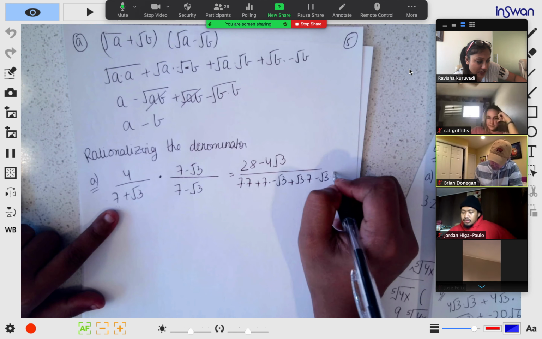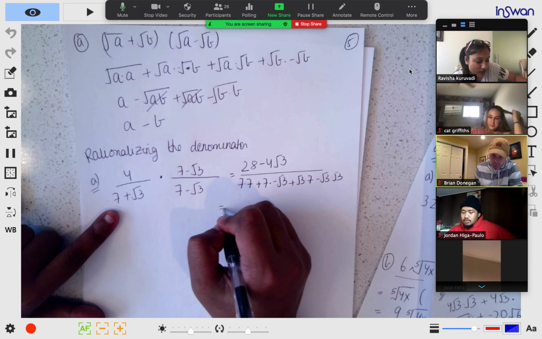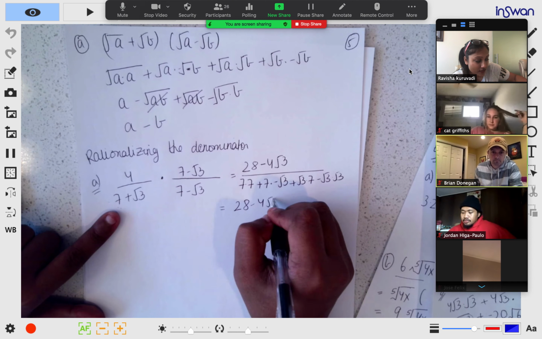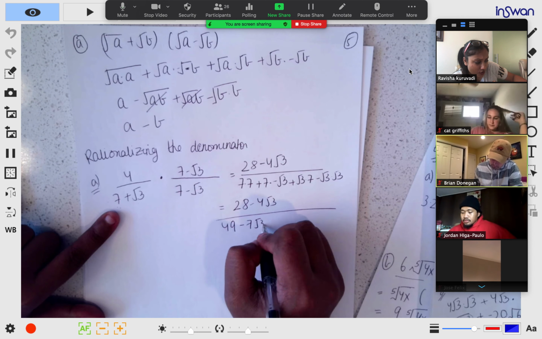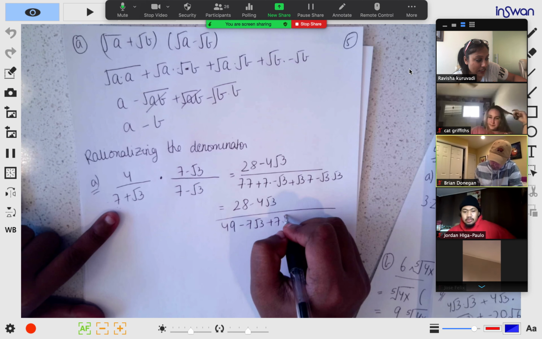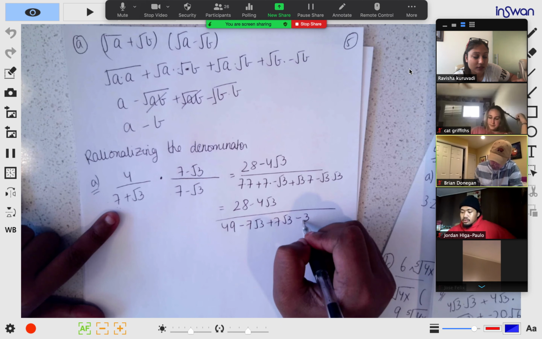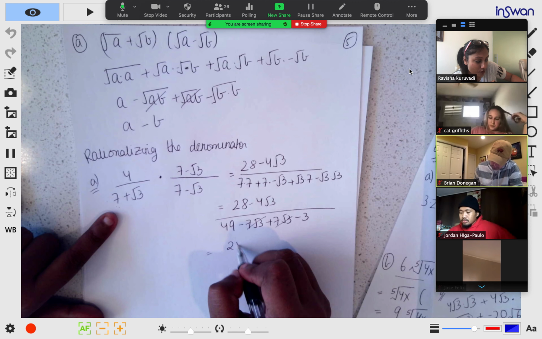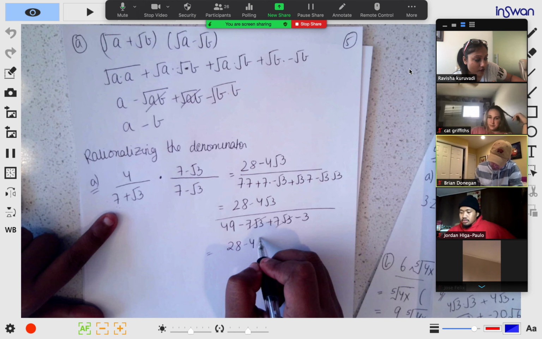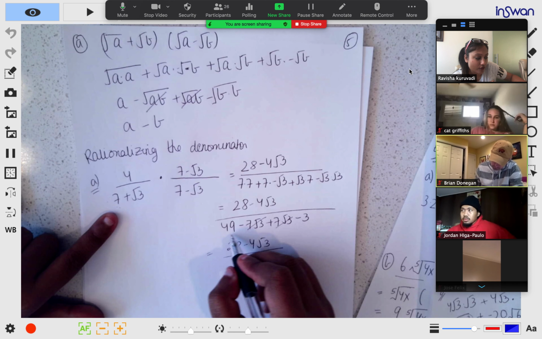So you get 28 minus 4 root 3 over 7 times 7 is 49. This becomes negative 7 root 3 plus 7 root 3, and this last term is basically 3. They cancel. You're left with 28 minus 4 root 3 over 49 minus 3, which is 46.